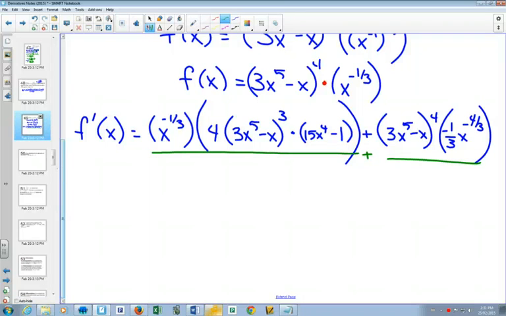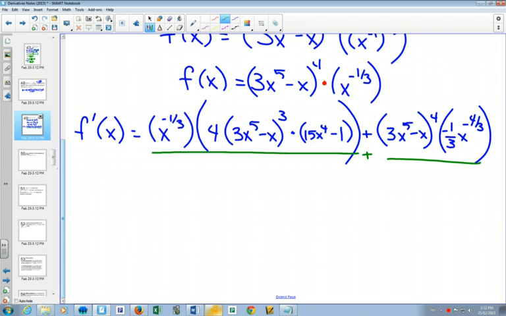So one of the things that's going to come in very handy for simplifying things is factoring. And if you look at those two things as big things, can you see that they have some things in common? Can you see that they both have x to the something over 3? So you could factor that a little bit.